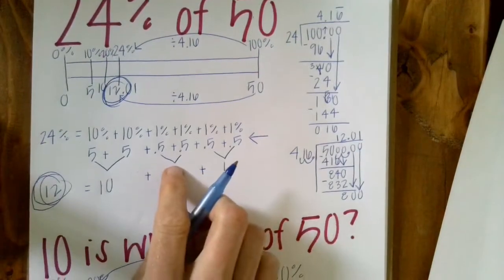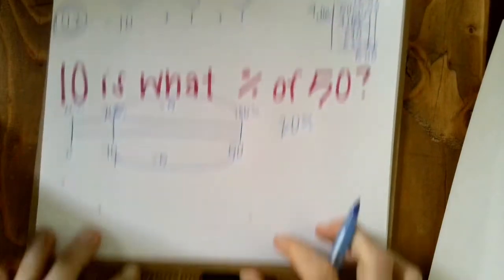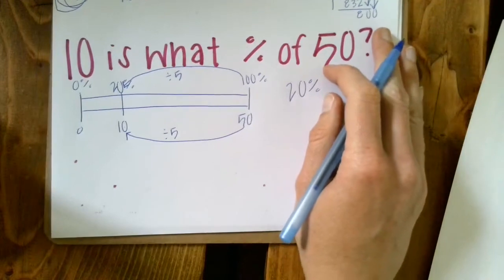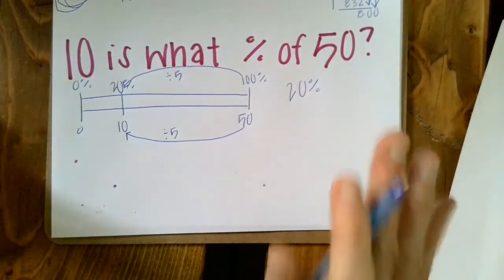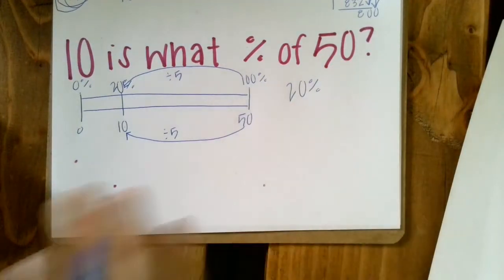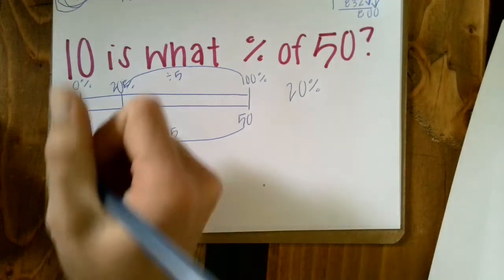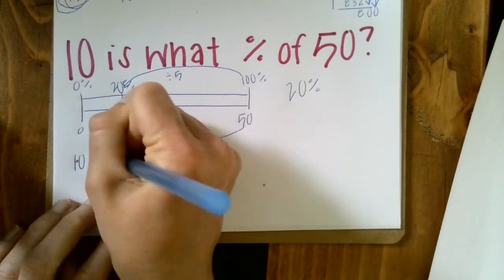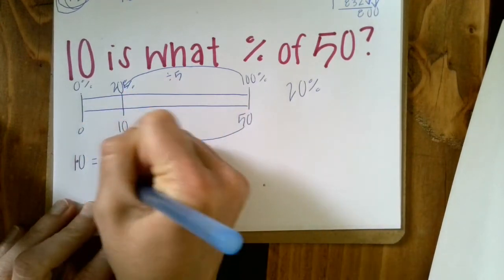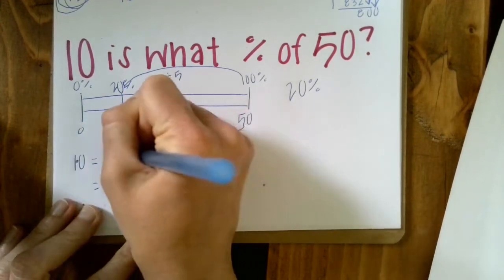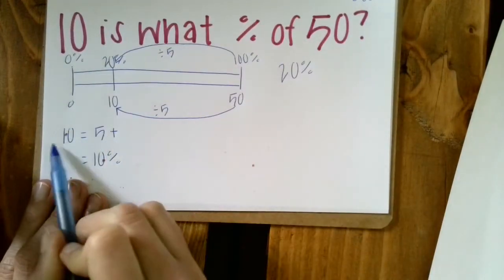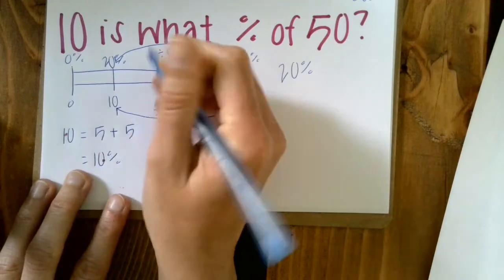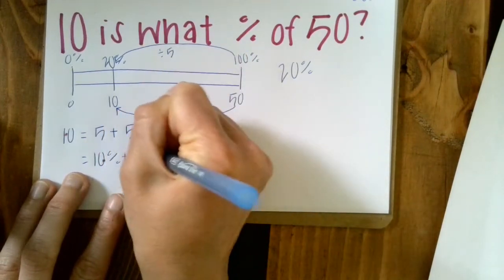So in this way, I broke apart my percent. I can't break apart my percent here because I don't have it. But what I can do is I can find 10%, which is 5, so that's 10%. And I know that I need another 5 to make 10. So if I'm adding another 5, I'm adding 10%.